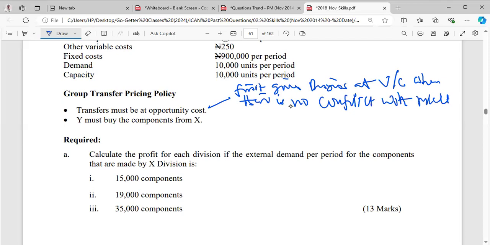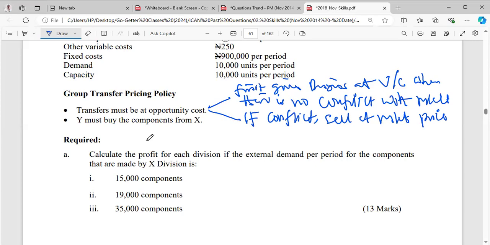Then if there is conflict, sell at market price. So transfer must be at opportunity cost. Then Y must buy from X. So it means you must satisfy Y first.